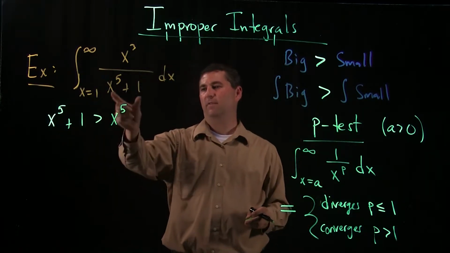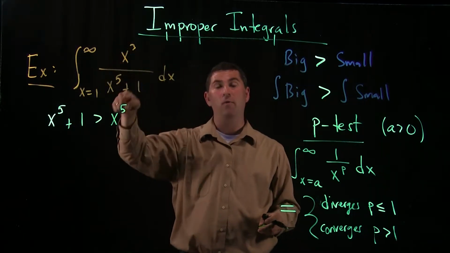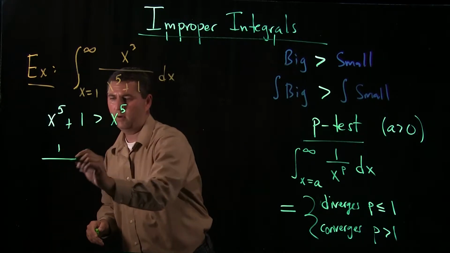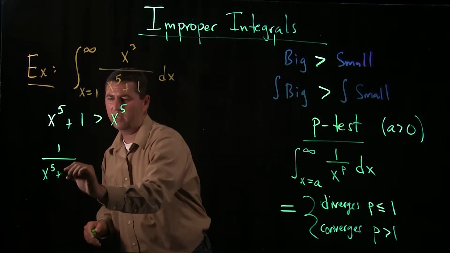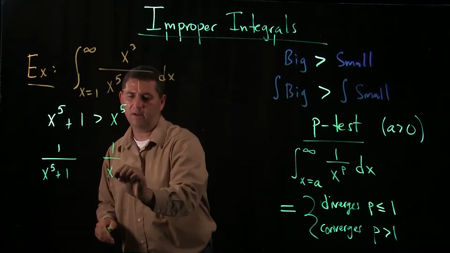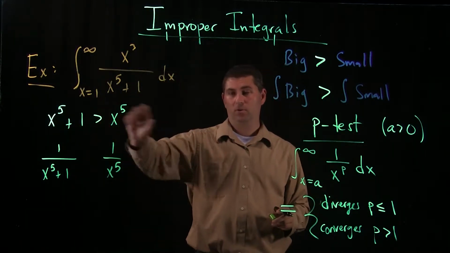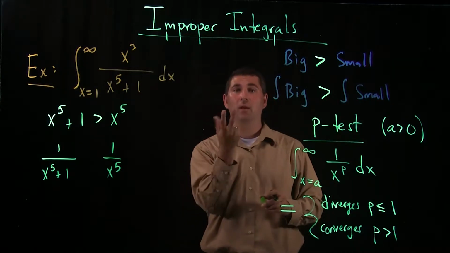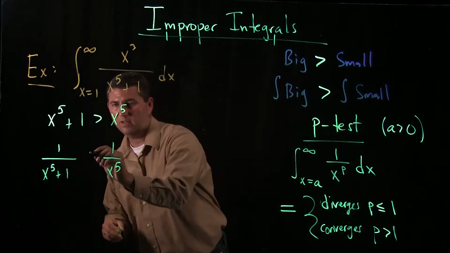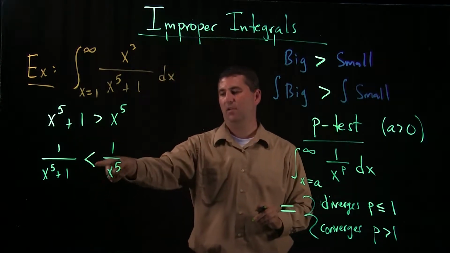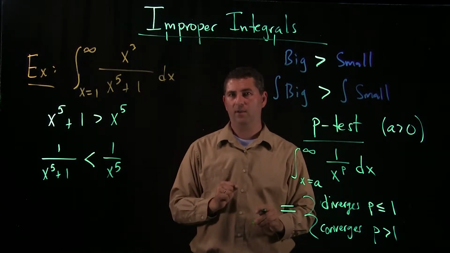I don't have x to the 5th plus 1 here, I have 1 over it. So I'm going to invert these, and I get 1 over x to the 5th plus 1 and 1 over x to the 5th. And the way inequalities work, when you invert both sides of an inequality, the inequality flips. So this becomes 1 over x to the 5th plus 1 is less than 1 over x to the 5th.